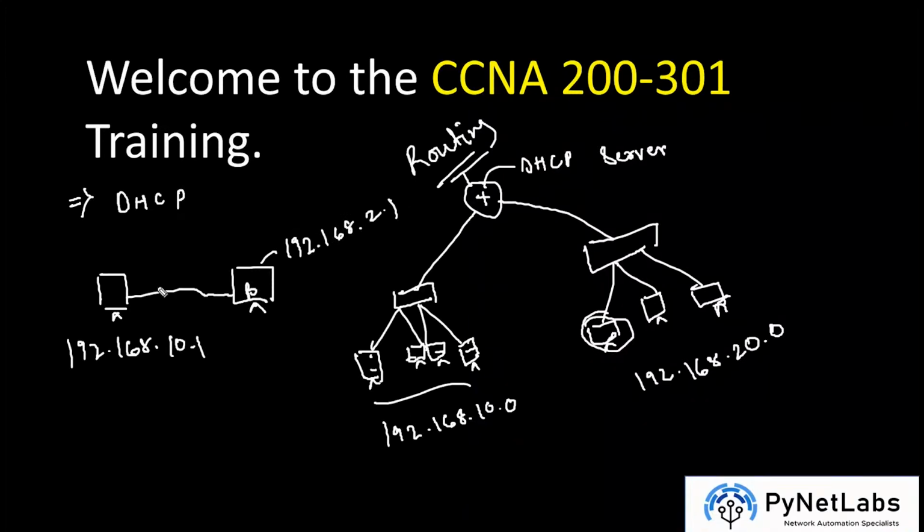So I asked you whether these PCs will be able to communicate, and as an answer, there was always a no. Why? Since they were in different networks. So today we will learn how to make A communicate with B when A is in some different network and B is in some different network.